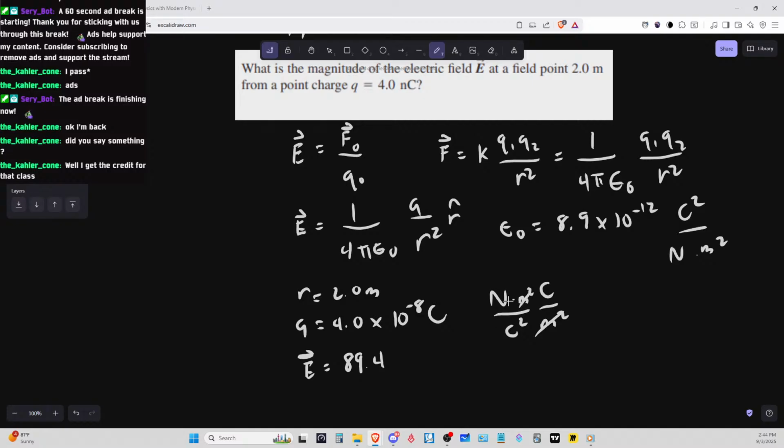Then we cross these two out, this goes away, and this one gets reduced, so it's newtons per coulomb.